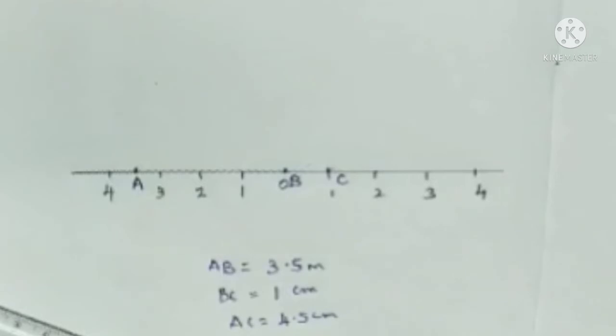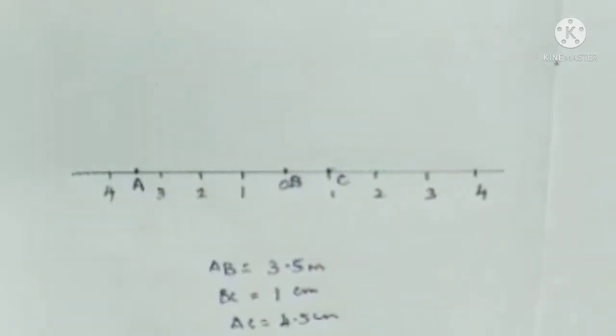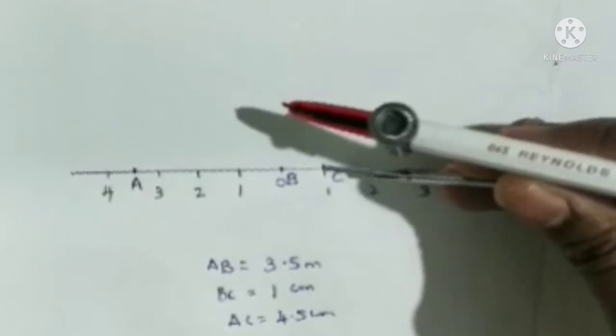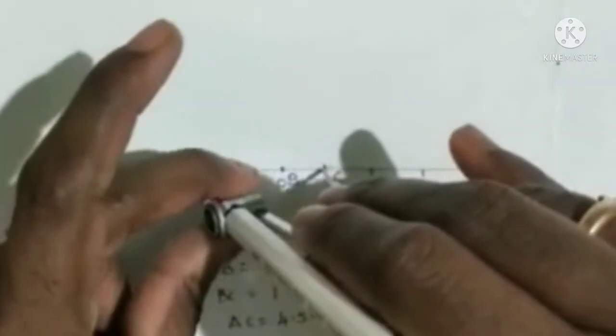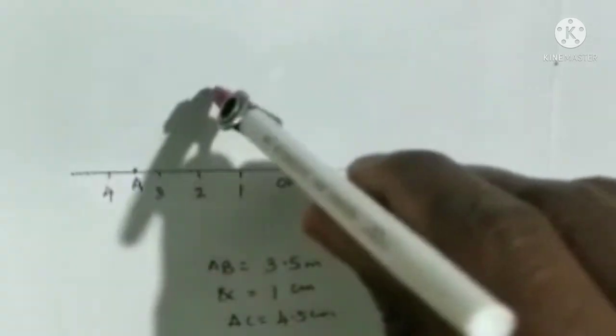Now we should find the midpoint of AC. We learned this in 8th standard. So take a point more than half of the line.